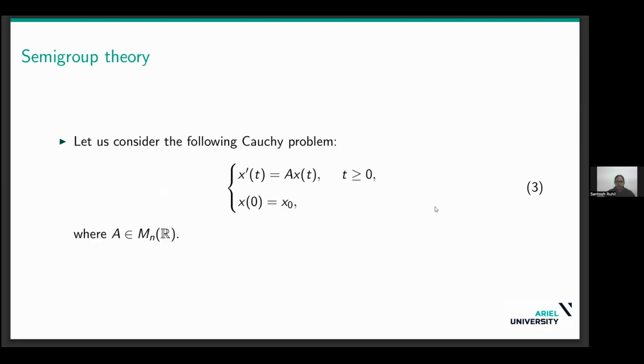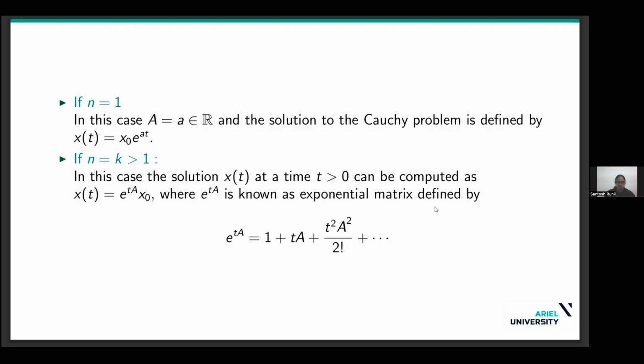Second, let me give a brief introduction about the semigroup theory and why we need it. For that, let us consider the following Cauchy problem given by system 3, where A is a matrix of order n × n, x is the state vector of order n × 1, and x_0 is the initial condition. Now we know that if n is equal to 1, then our matrix A will become a scalar, and the solution of this type of problem has the following representation, that is x_0 e^{at}.